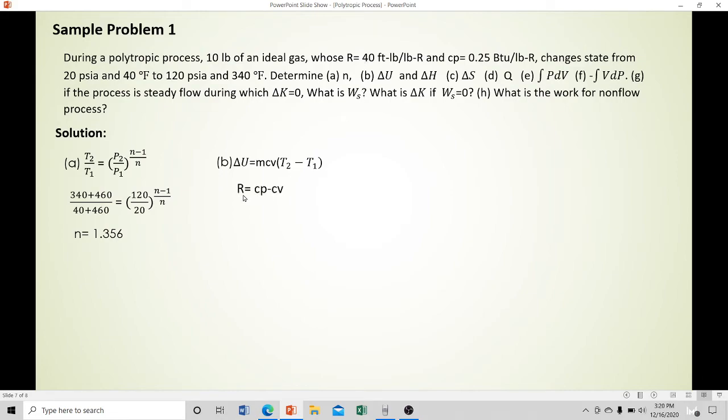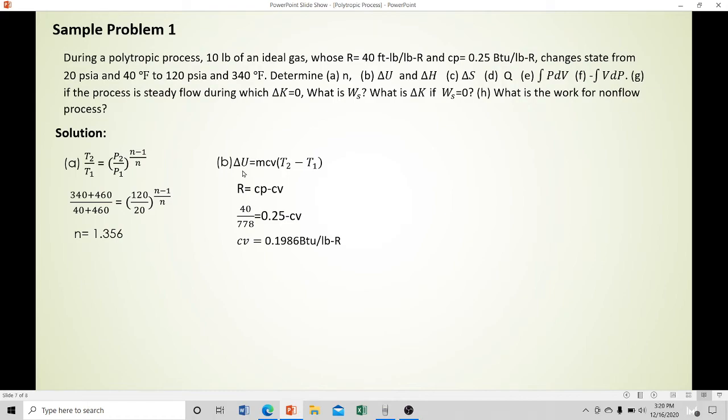So R divided by 778 for converting to BTU is equals to 0.25 minus CB. So we could have CB 0.1986 BTU per pound Rankine.